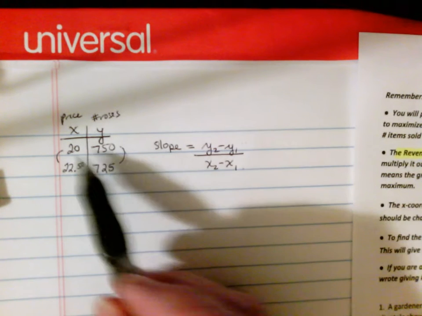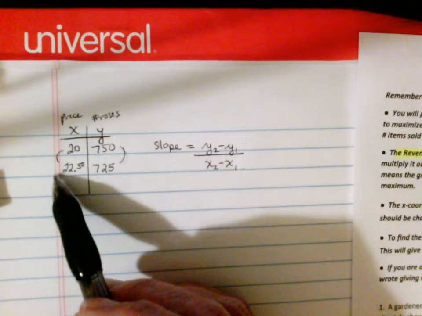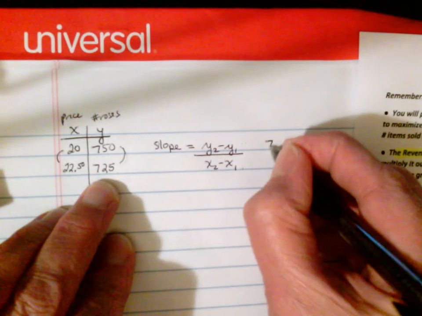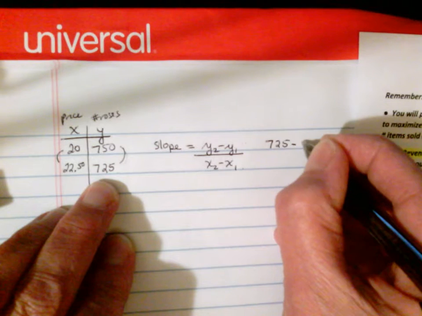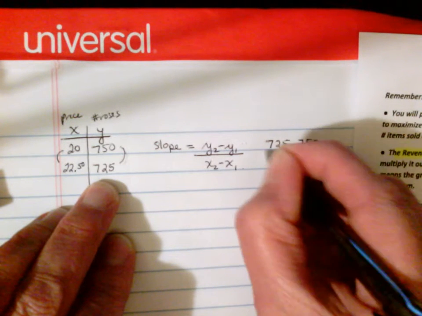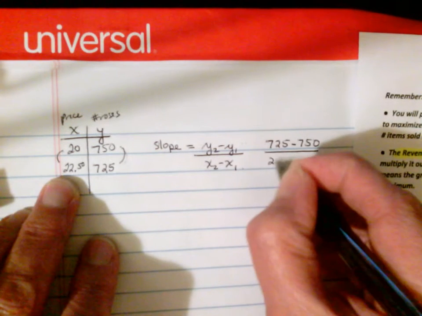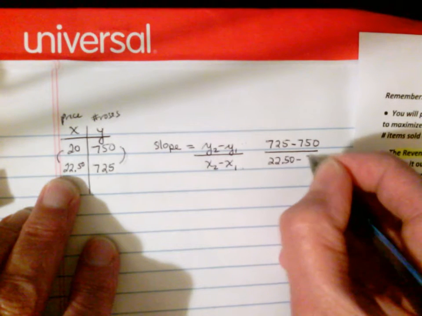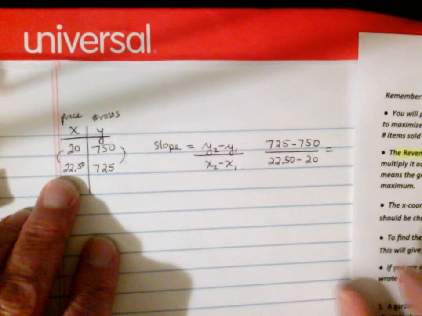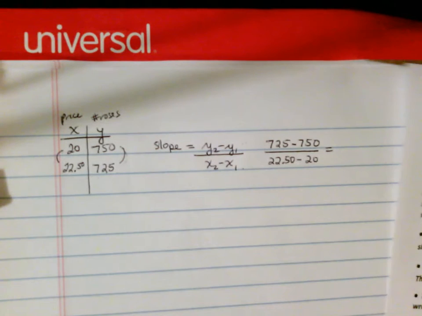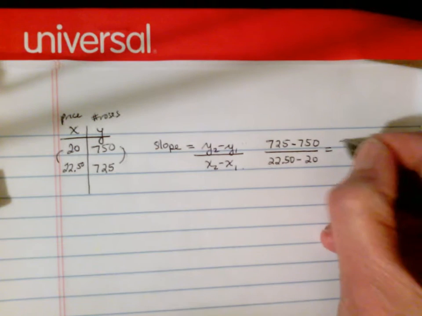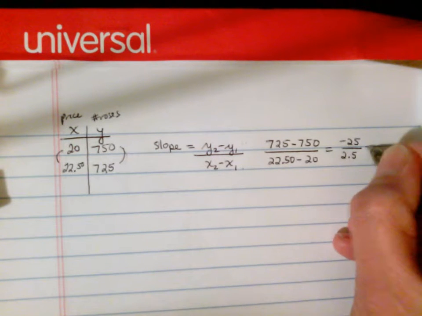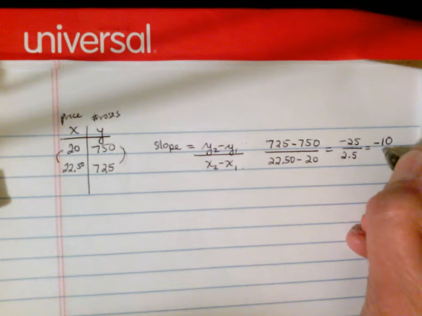So if I think of the top line as my first point and this bottom line as my second point, then y2 minus y1 is 725 minus 750. x2 minus x1 is 22.50 minus 20, and that comes out to negative 25 over 2.5, which comes out to negative 10 over 1.